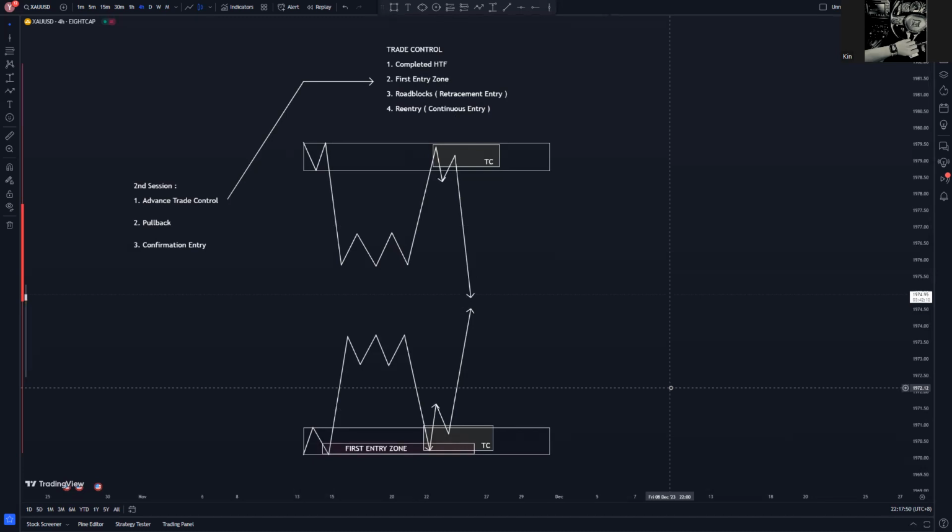When the price gets into the zone with no confirmation entry, the price might fly all the way up, or the price might go down so badly. We're going to discuss this in our last session, which is going to be about the volume.